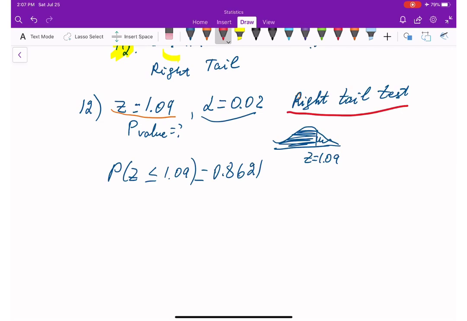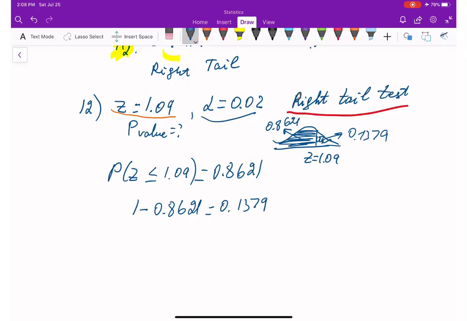So what we have to do, since this is 0.8621, all we have to do is take 1 minus 0.8621, and that will be equal to 0.1379. So this area is going to be 0.1379.